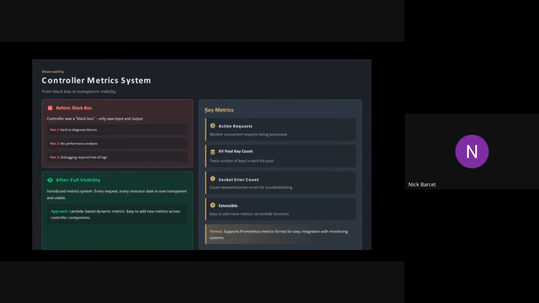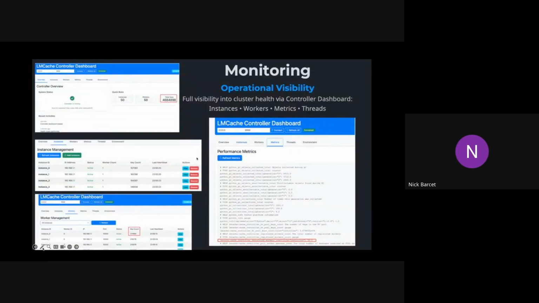The format supports Prometheus metrics format for easy integration with monitoring systems. Finally, visibility is key for ops. We provide a controller dashboard showing instances, active workers, threads, key metrics, and many runtime internal states.